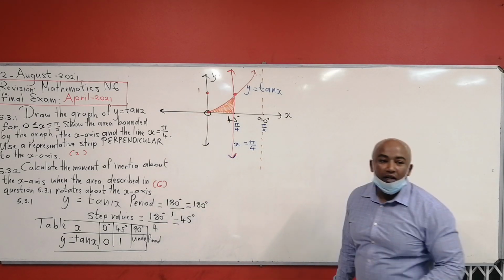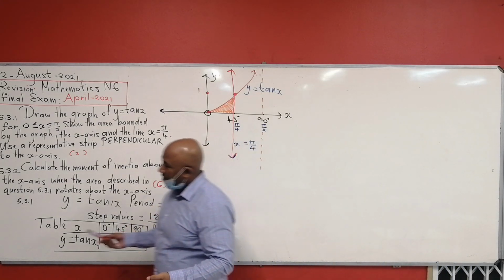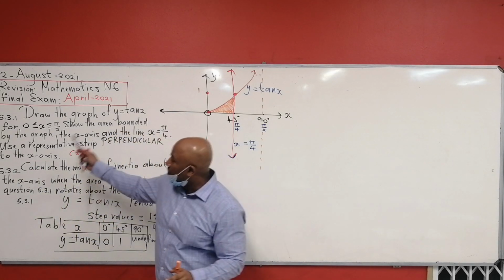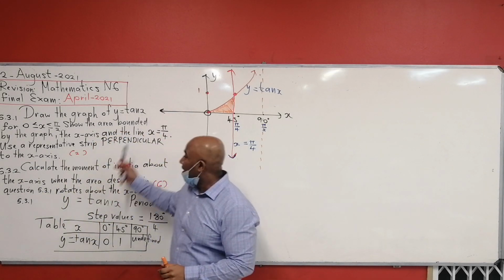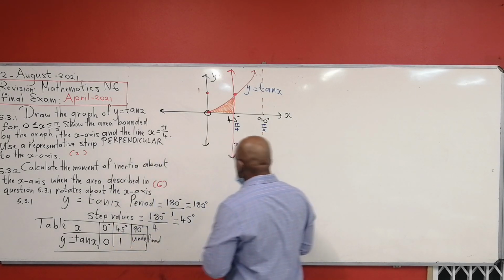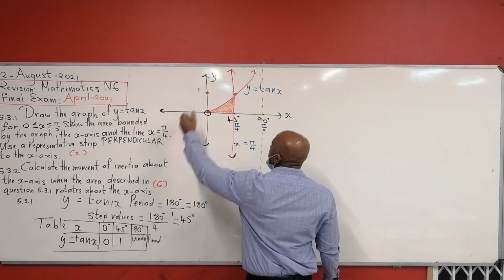So that is the enclosed area. Now, here you are told, so you don't have to think here, use a representative strip perpendicular to the x-axis. Right, so perpendicular.